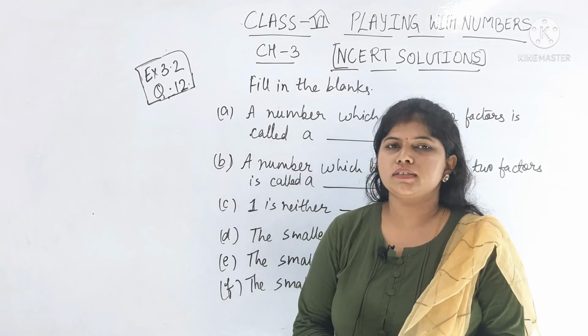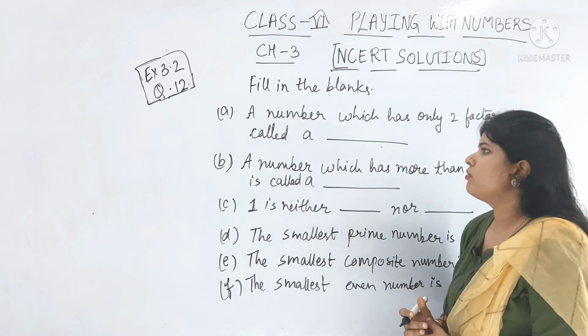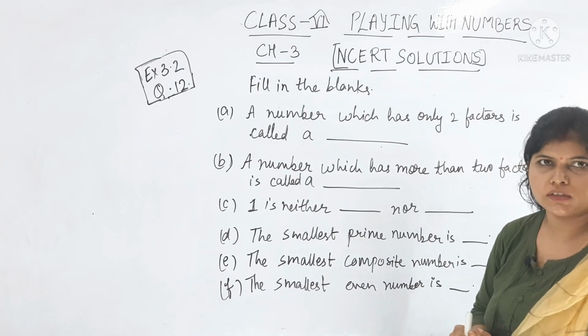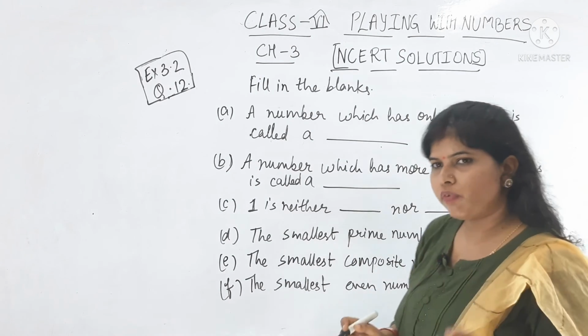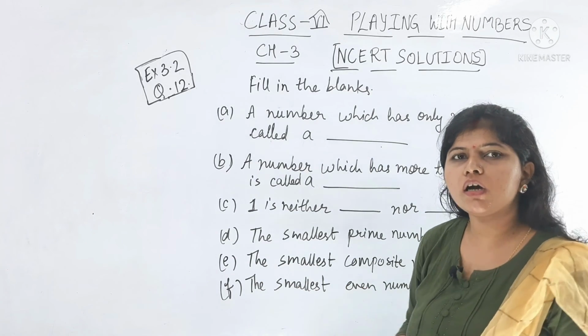Okay students, this is the last question of my video, that is fill in the blanks. A: a number which has only 2 factors, 1 and the number itself, is called a prime number.